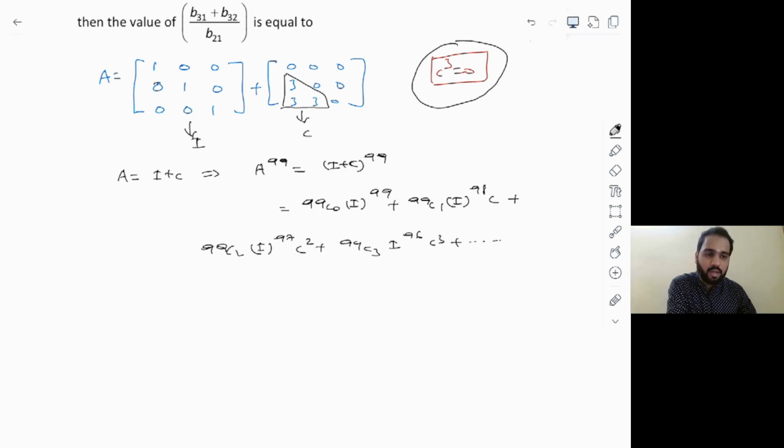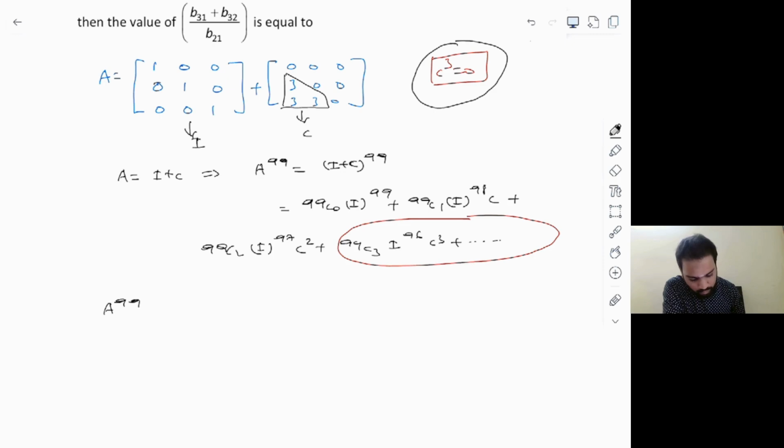But what do we know here? If C cube is 0, obviously C power 4 and everything after is going to be 0, right? And that is the reason starting from this term, every next term is going to be 0. So this means that A to the power of 99 is equal to 99C0, which is 1, multiplied by I power 99, which is I, plus 99C1, which is 99, multiplied by C, and then finally we get 99C2 into C square.